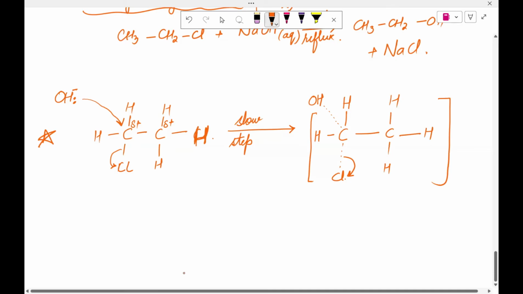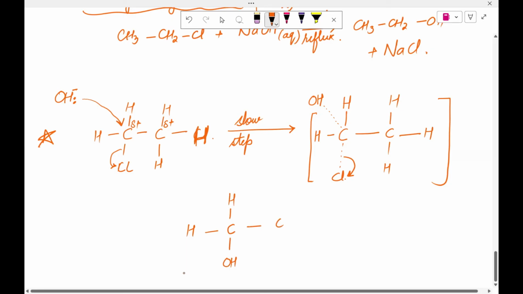We know OH comes here as the carbon has a partial positive charge and OH has a negative charge, so it is going to make a bond at this position. So what is going to happen in the final step? The carbon with hydrogen, hydrogen, hydrogen, and the OH group will come here.